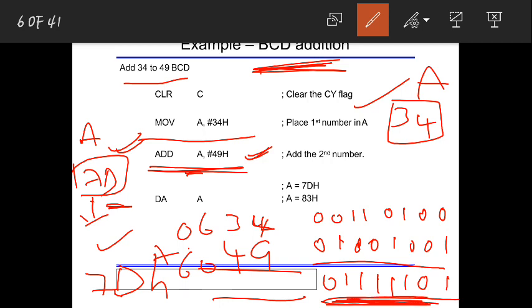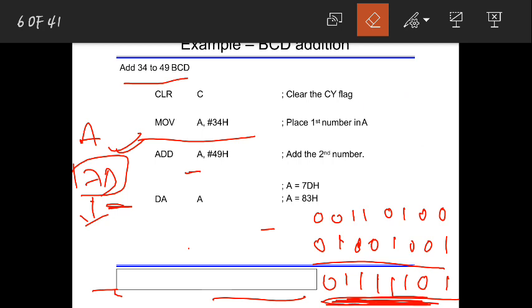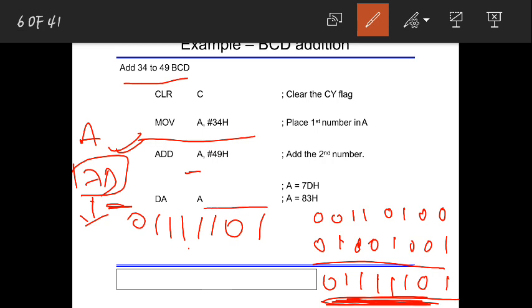For that, I'll just erase this. The result you got was 0111 1101, that is 7 and D. For that I'm adding 06 because the lower bits are higher than 9, whereas the higher bits are not more than 9. So here I'll add 6.